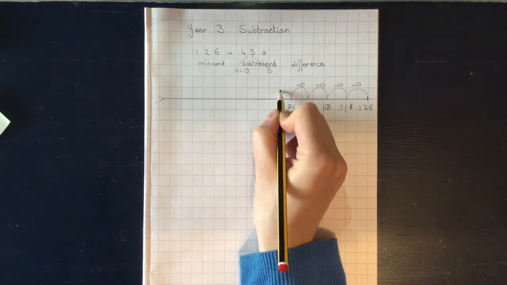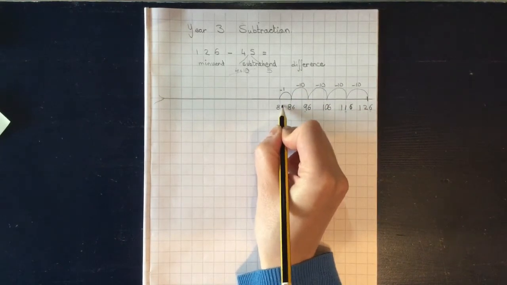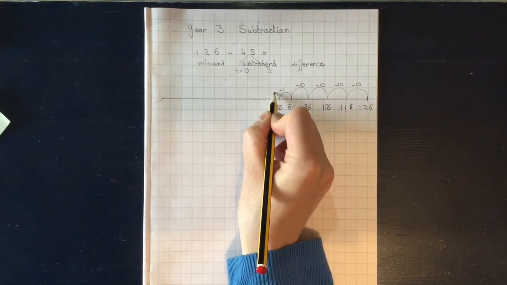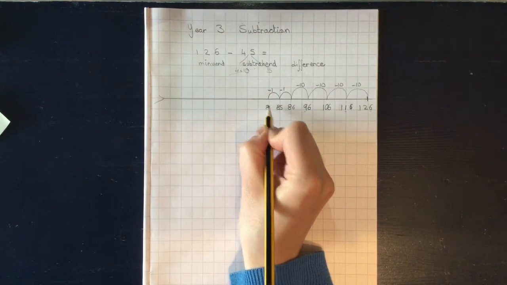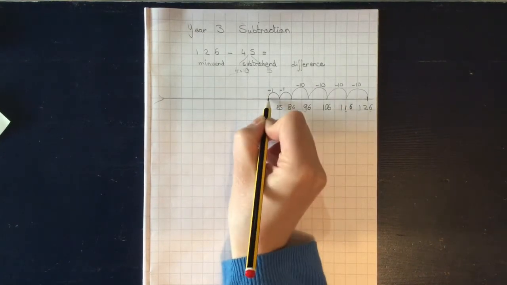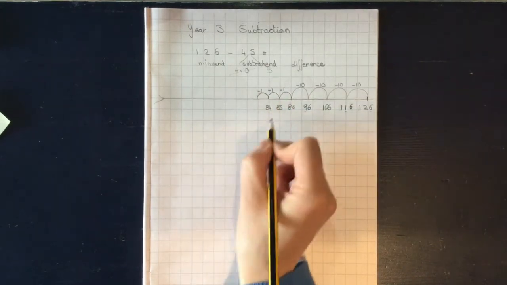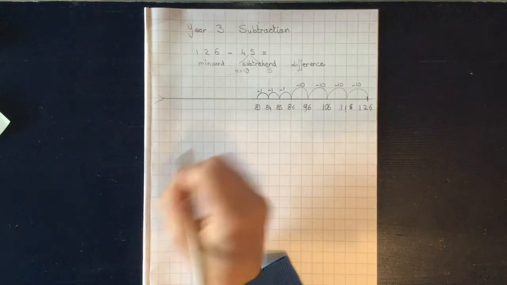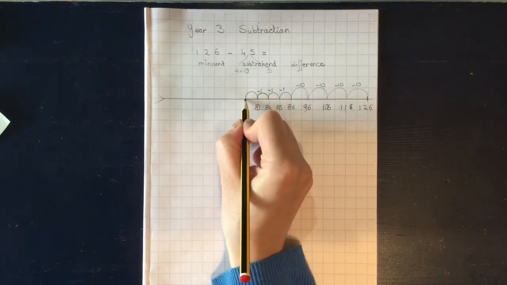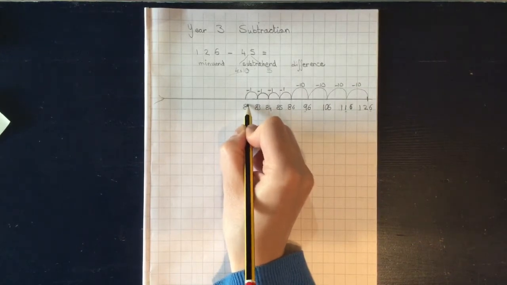So 86 take away 1 equals 85. Take away 1 equals 84. Take away 1 equals, those are 3 jumps already, 83. Take away 1 equals 82.